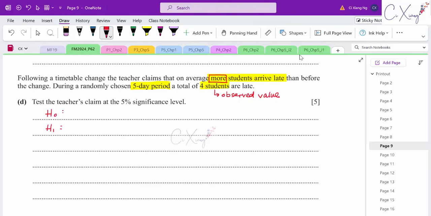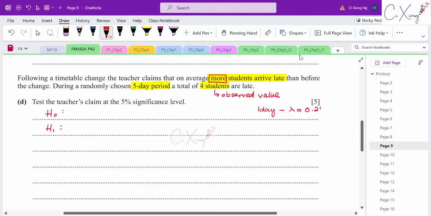So originally, for 1 day, our lambda is 0.25 because 0.1 plus 0.15 gives 0.25 for 1 day. But now we are interested in 5 days. So for 5 days, you have to take 0.25 multiplied by 5, and therefore you get 1.25. So that means originally, before the timetable change, we believe that lambda should be 1.25 for 5 days.